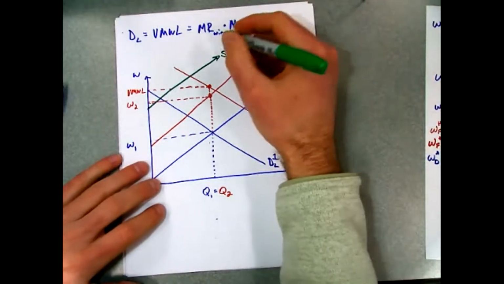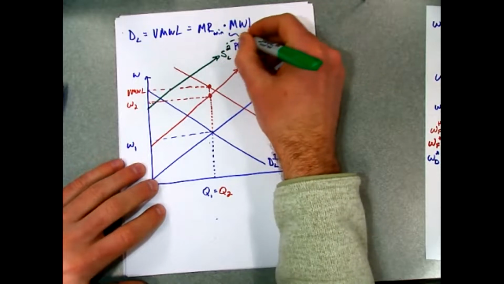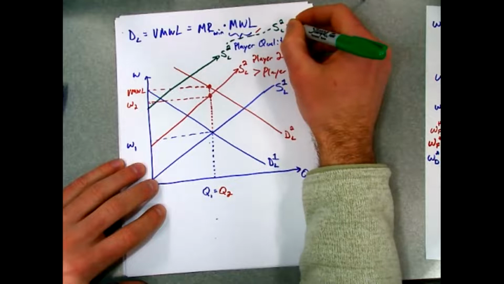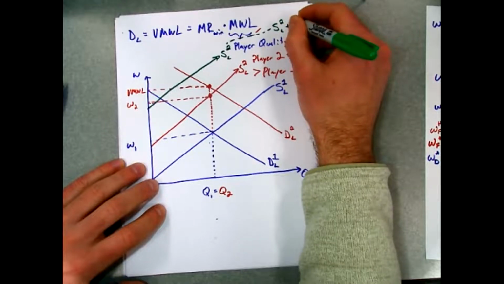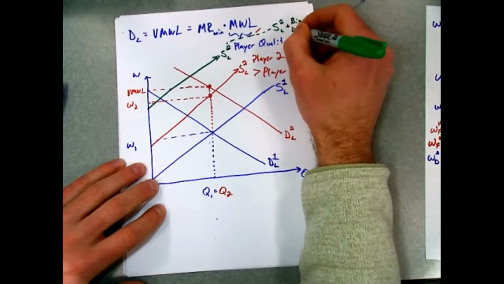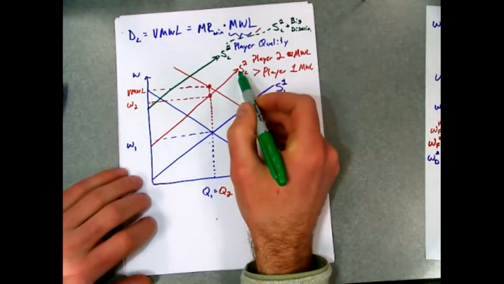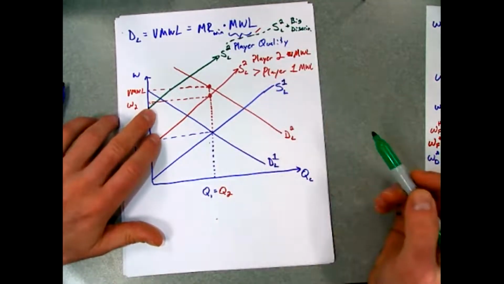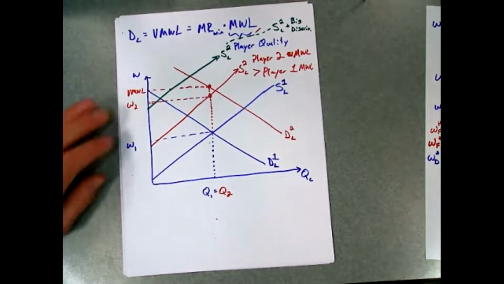If you don't have different colors here, maybe instead of S2, call it big discrimination or something. So this was with small discrimination, the supply from player 2. Green here is going to be the supply of that second player when they have really discriminatory tastes.